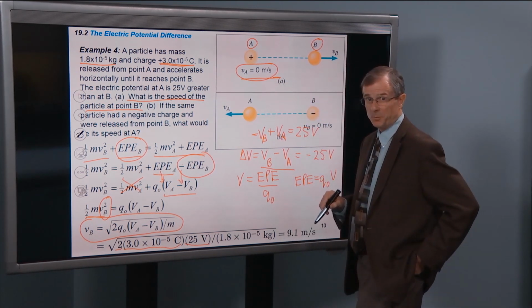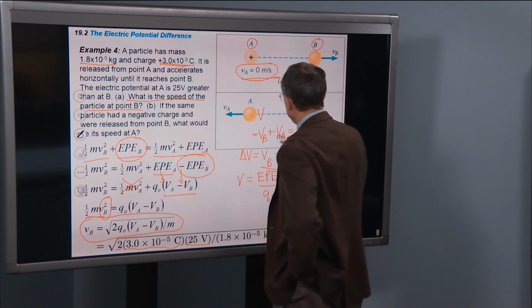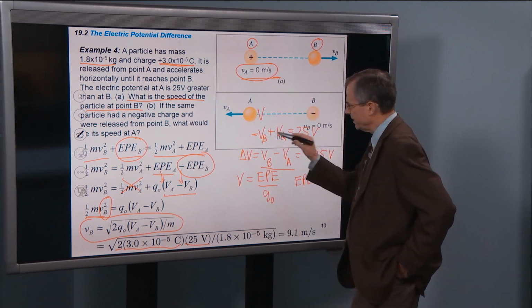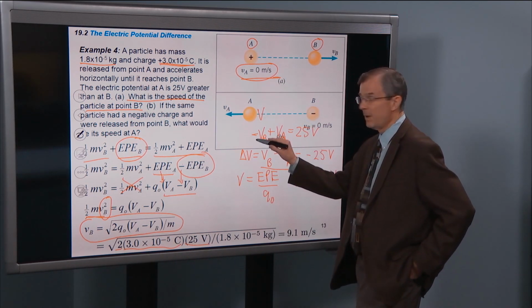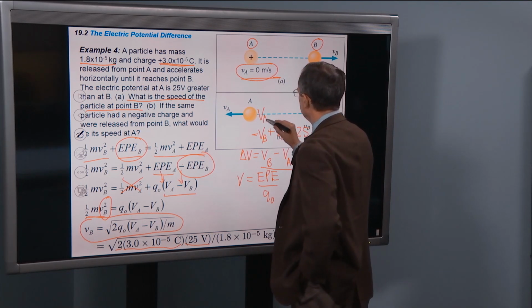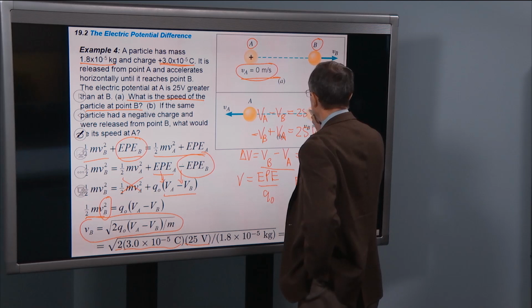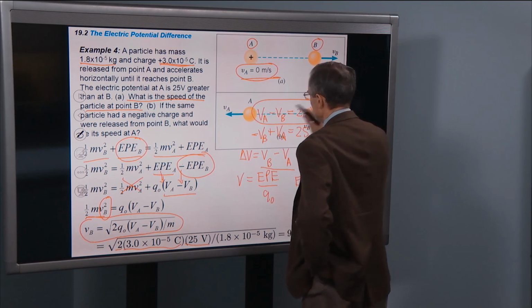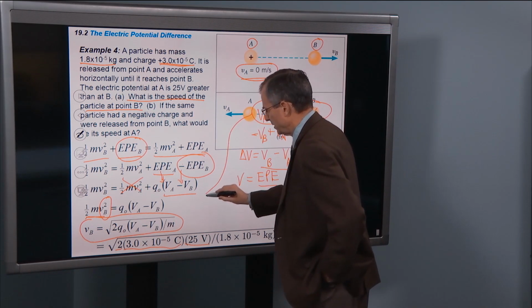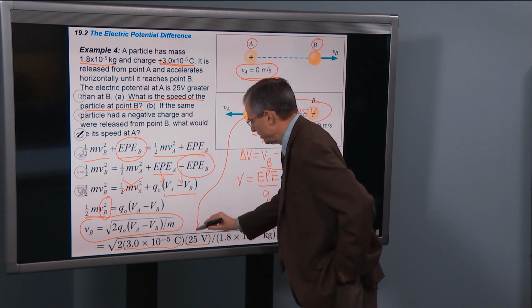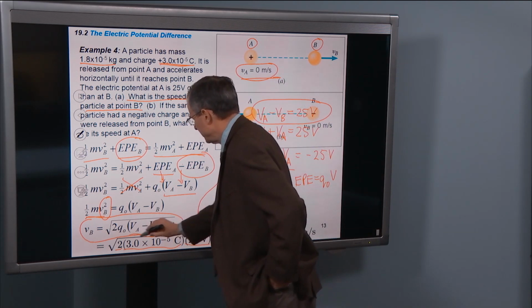Or the other more simple way to write that is, just interchange the order of these two terms, VA minus VB. And this is what gets placed in here. That's VA minus VB.